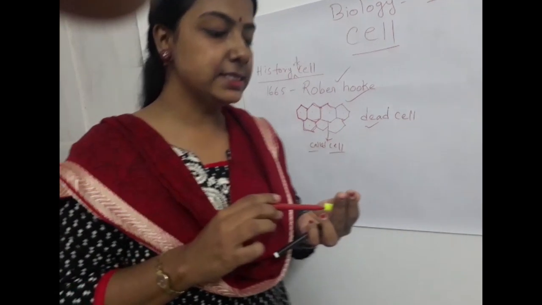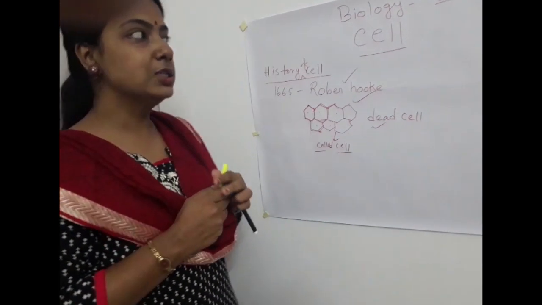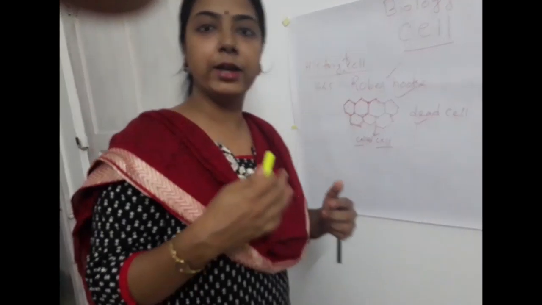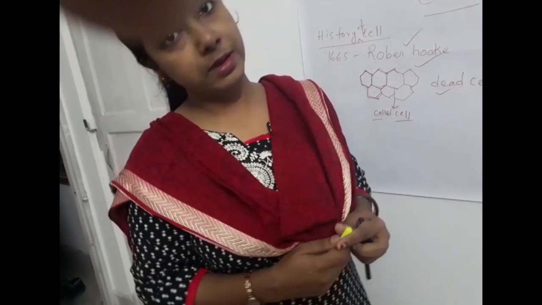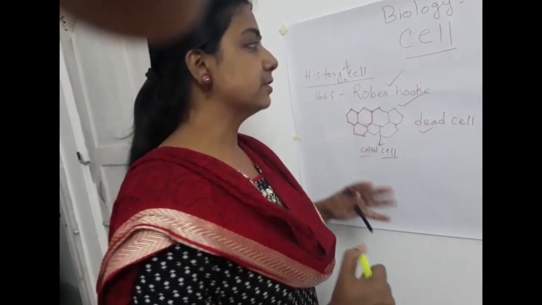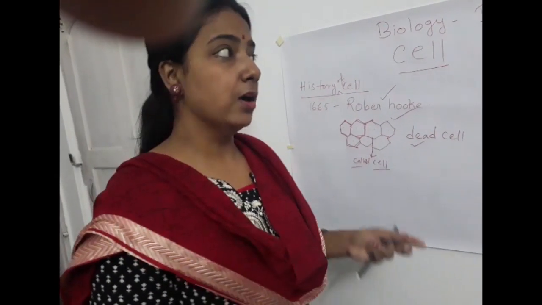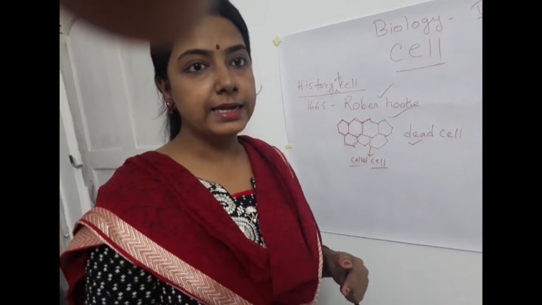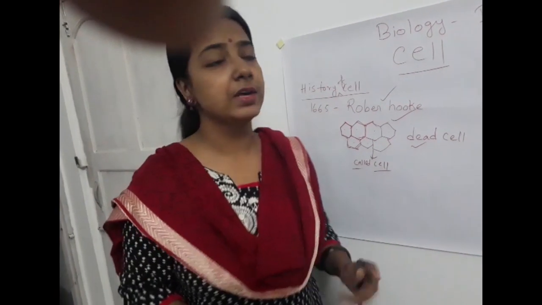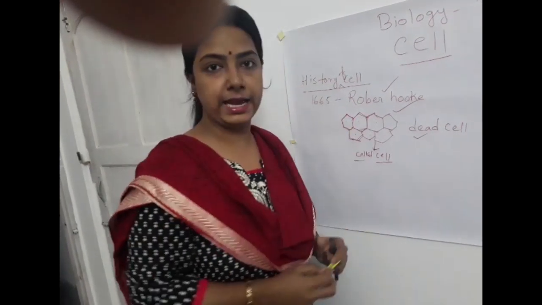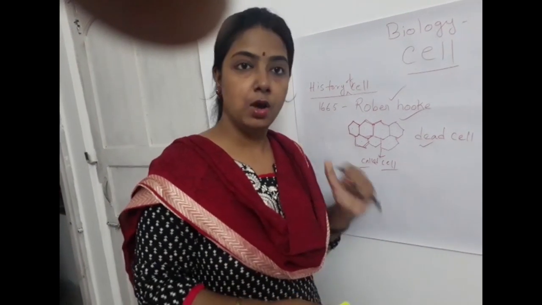Another scientist, Anton van Leeuwenhoek, also invented different types of microscope as his hobby. He contributed another thing: that all the animals and all the plants have this type of room-like structure, this type of cell.